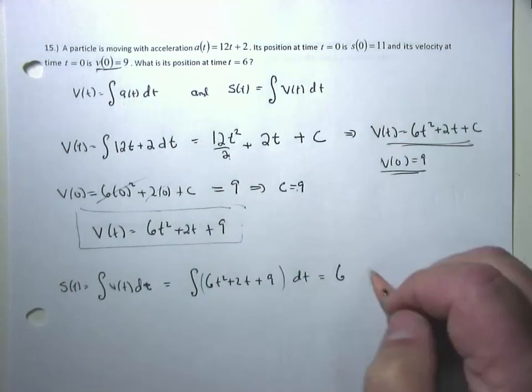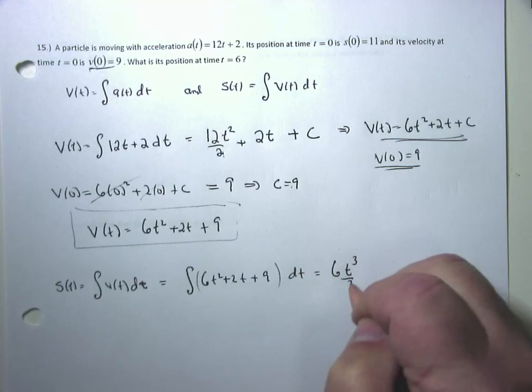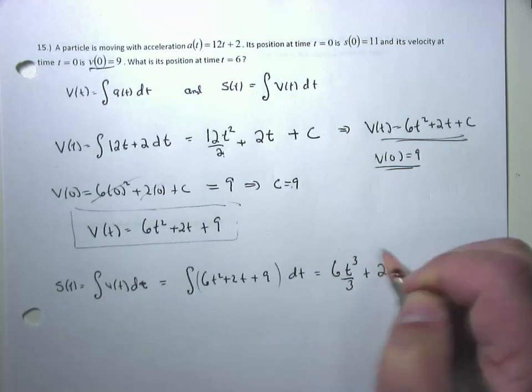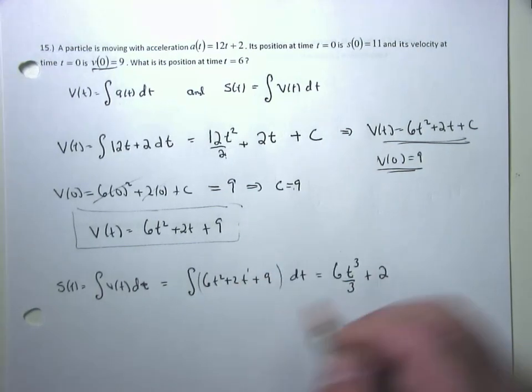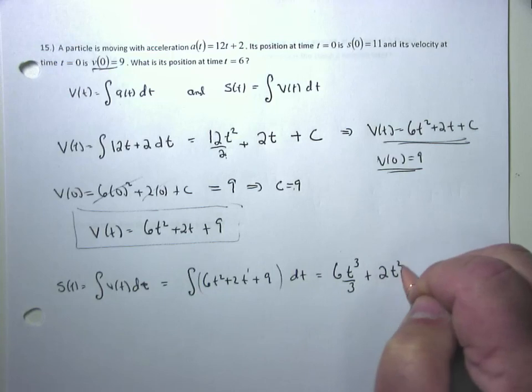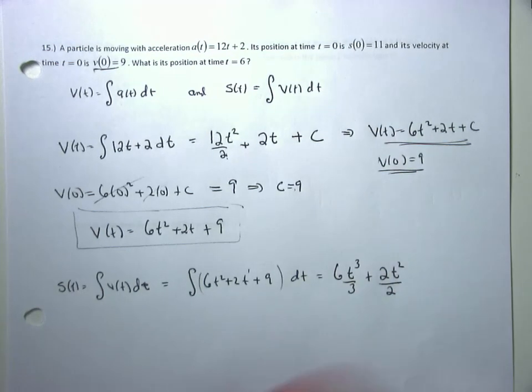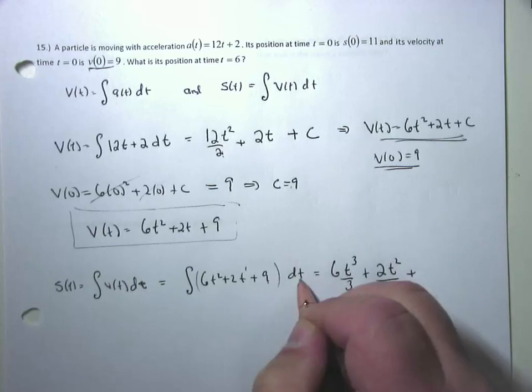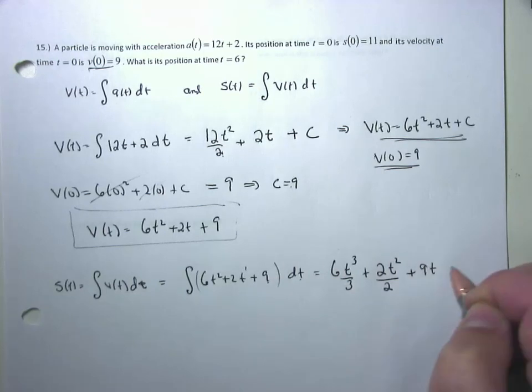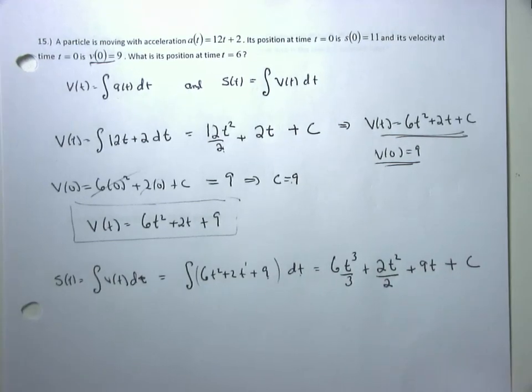Integral of t squared, add 1 over add 1, would be t cubed over 3. Plus 2 is a constant. This officially is t to the first power, so to integrate t to the first, you add 1, t squared over the power 2. Plus the integral of 9 with respect to t would be 9t. And then, of course, every time you integrate, you get another plus c constant of integration.